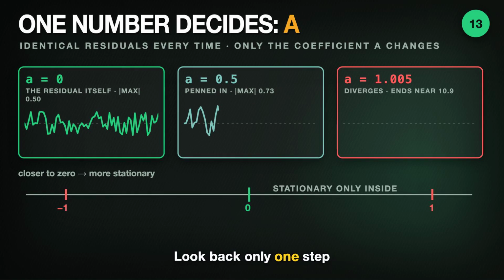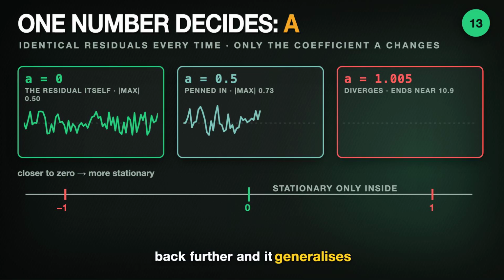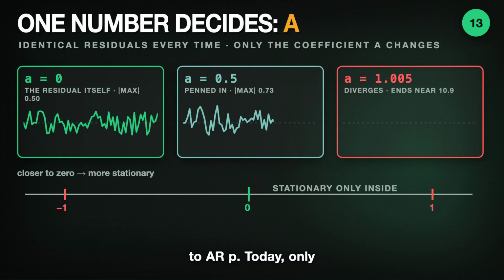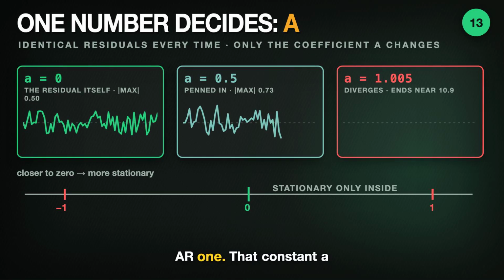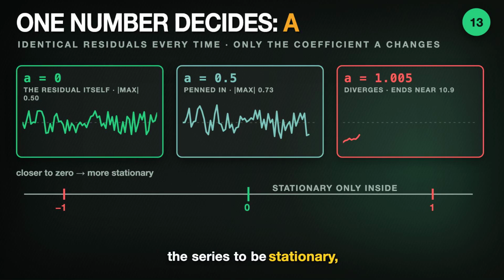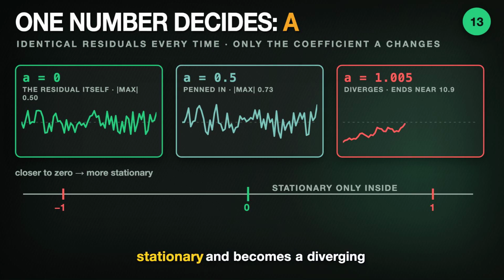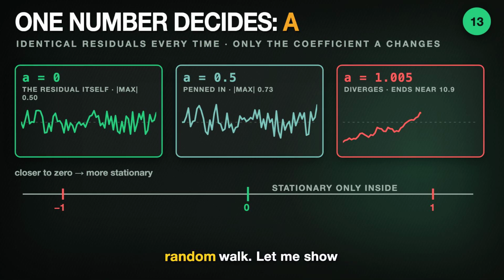Look back only one step and it's AR1. Look back further and it generalizes to ARP. Today, only AR1. That constant A is the whole story. For the series to be stationary, A has to sit between -1 and 1. Outside that range, it stops being stationary and becomes a diverging random walk.